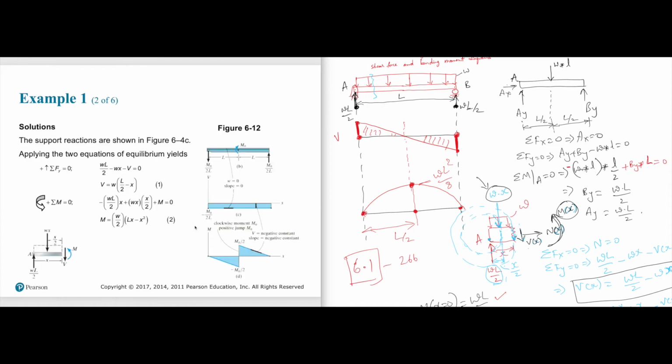So for example, in this case, what is the shear force and bending moment diagram for this one? For that, first of all, you have to find the support reactions.